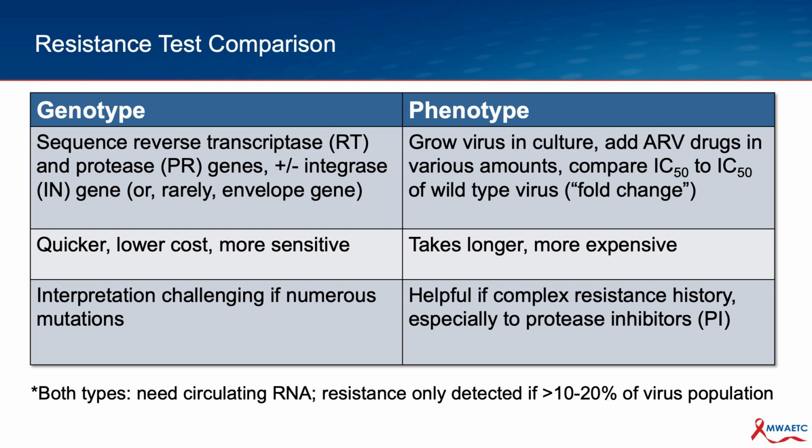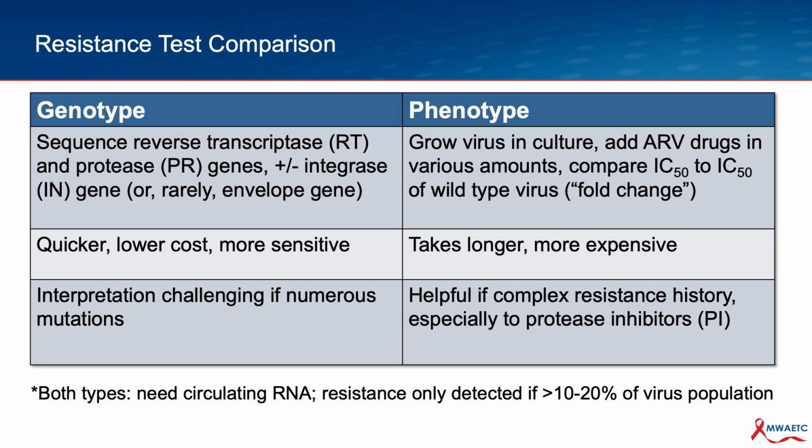And then they will compare the IC50 of that recombinant lab virus that has basically the patient's viral genes to a wild type virus. By comparing the IC50, basically the concentration needed to suppress growth of the patient's virus versus wild type virus, we get a ratio called the fold change. And I will show you that.